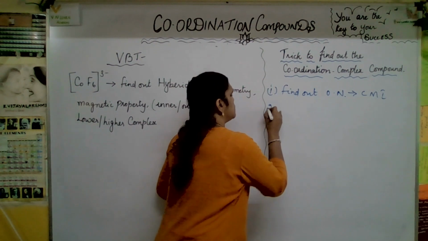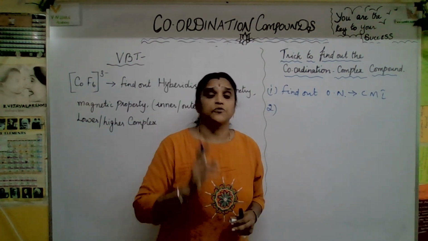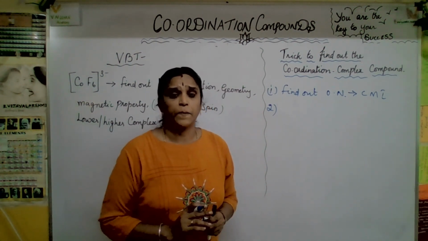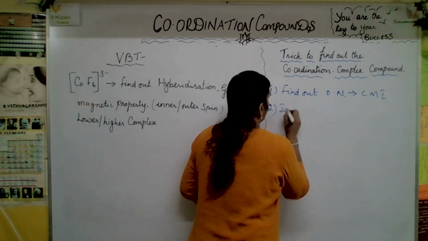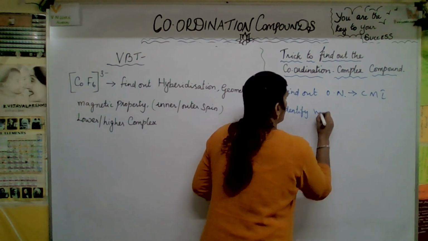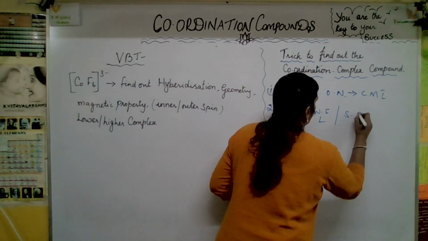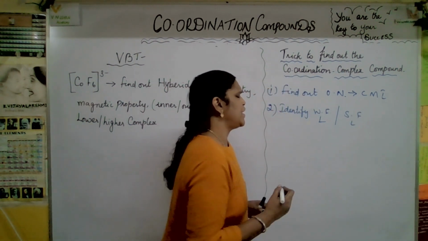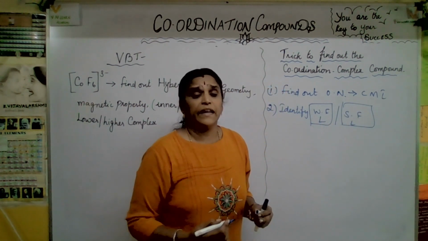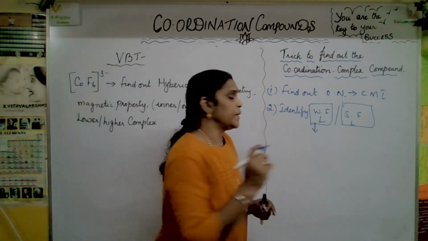The second one, identify whether it is a weak field ligand or strong field ligand. Ligand and metal ion combined together form the coordination complex compound. So, weak field ligand means it cannot pair up the electrons in the atomic orbitals.